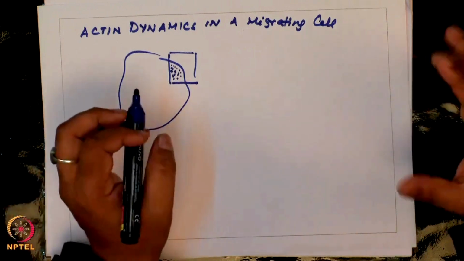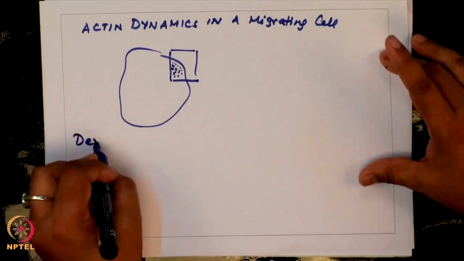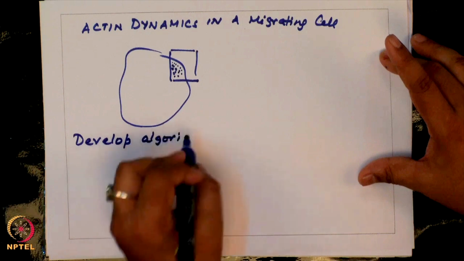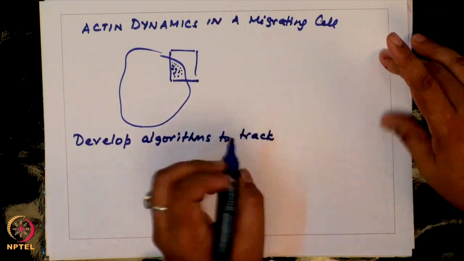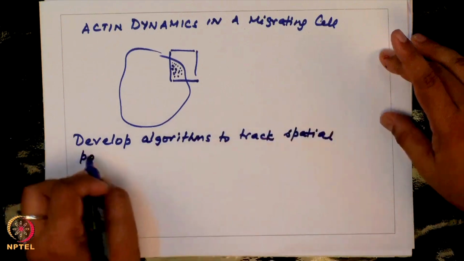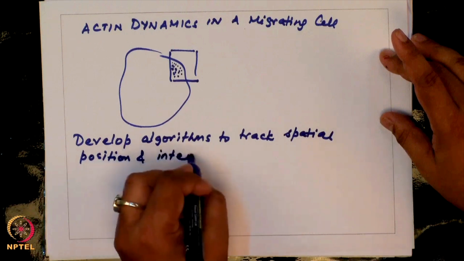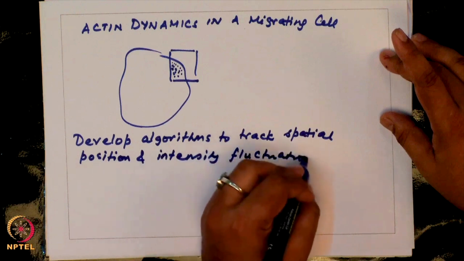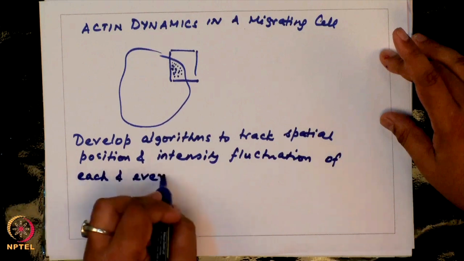So, in order to gain any quantitative information, you need to develop algorithms to track the spatial position and intensity fluctuation of each and every speckle.